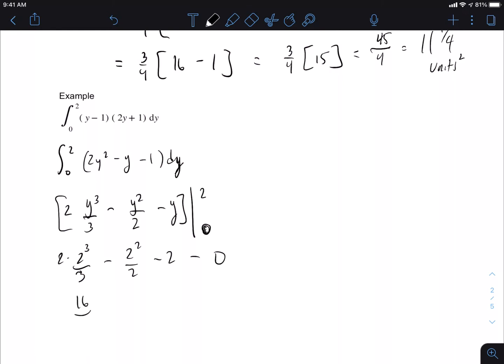So I'm going to get 16 over 3 minus 2 times 2 squared over 2, which is 16 over 3 minus 4, right? And since I want to have the same denominator so I can get my answer, I'm going to get 12 over 3, which is going to give me 4/3, or 1 1/3 units squared.